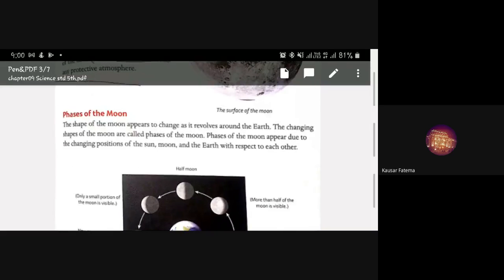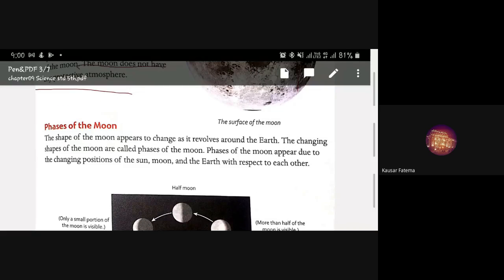Phases of the moon. The shape of the moon appears to change as it revolves around the earth. Please read it loudly. The shape of the moon appears to change as it revolves around the earth. The changing shapes of the moon are called phases of the moon.